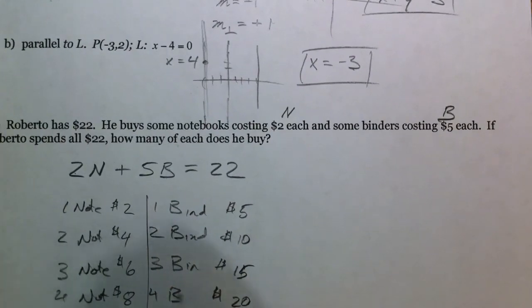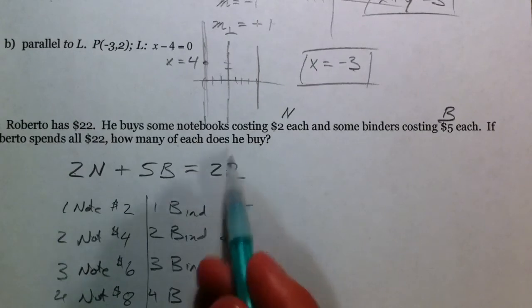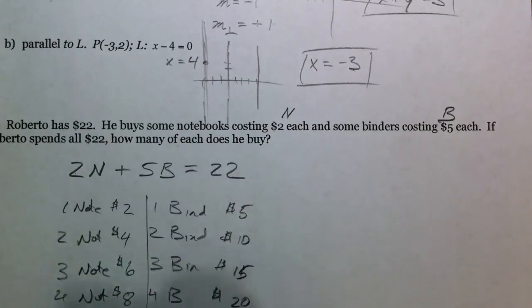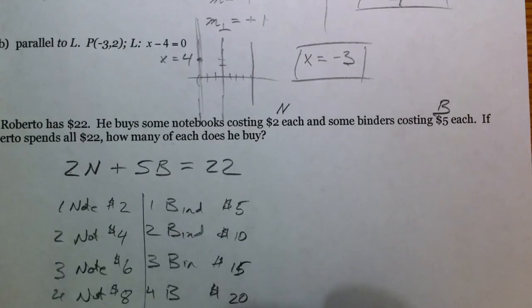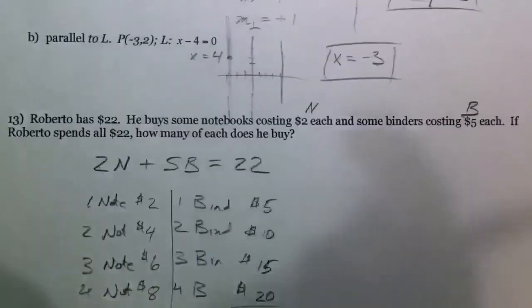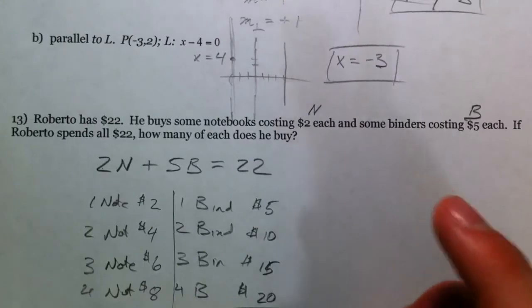So you can think of this as, well, it's $2 more than 20, and so he's got to get 4 binders and 1 notebook because they're $2 each.